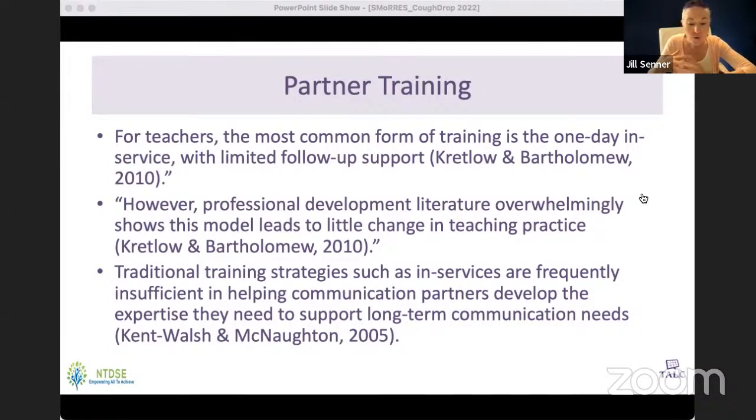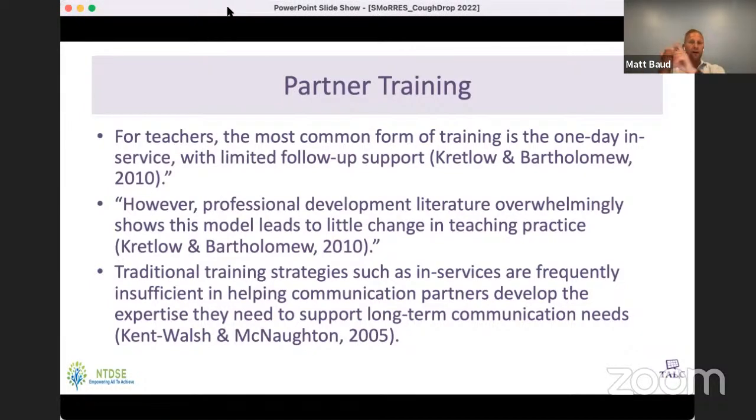So what we know is that the professional development literature overwhelmingly shows that this model leads to little change in teaching practice. And those traditional training strategies that we all have in the schools, my guess, if you're sitting in there, is that they're usually the institute day, whether it's the beginning of the school year, maybe the couple that we have scattered throughout the year, or early releases that we have once a month, after-school trainings, sometimes before-school trainings.